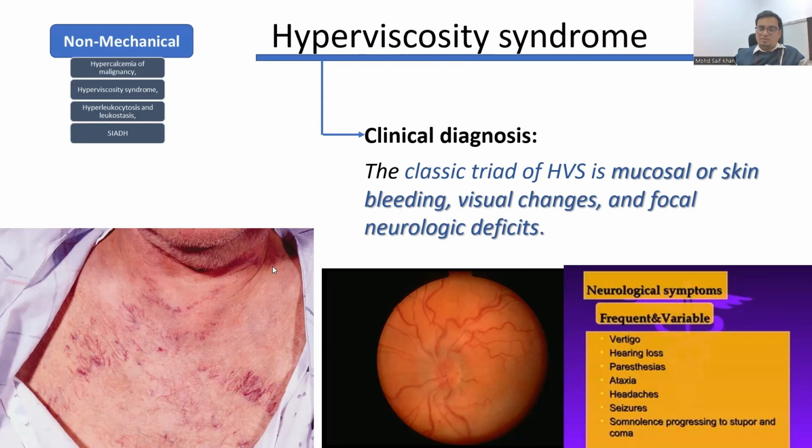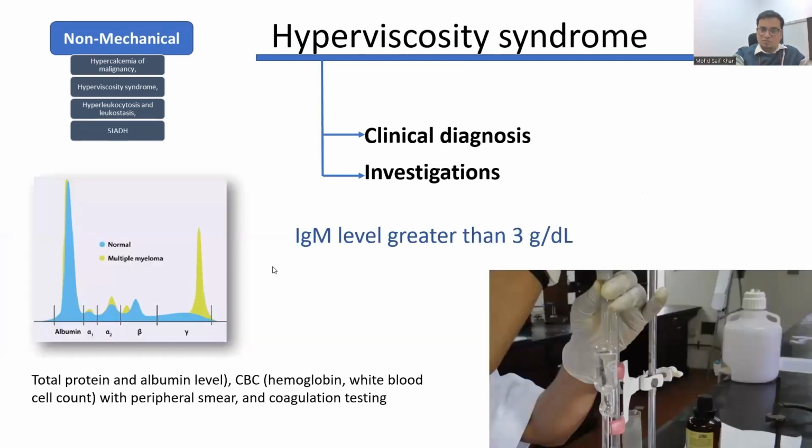So these triads, the skin mucosal bleeding, visual changes, fundoscopic changes and neurological symptoms, will suggest hyperviscosity syndrome.